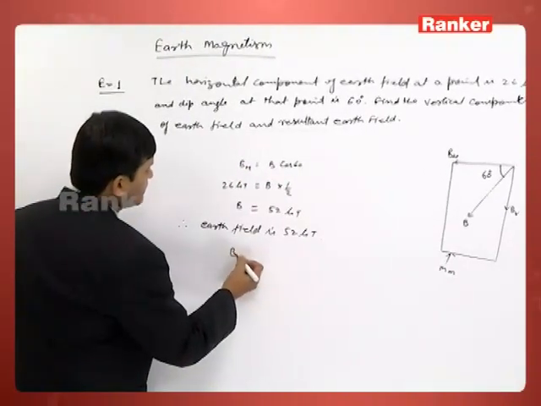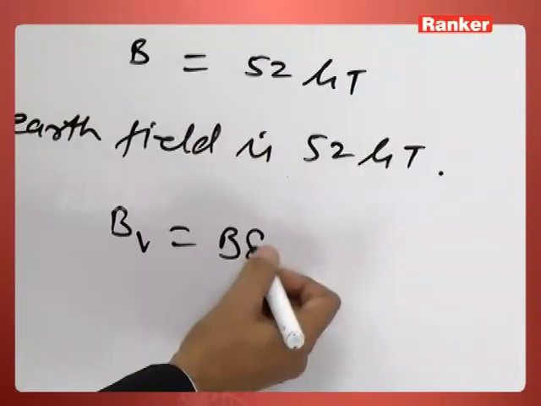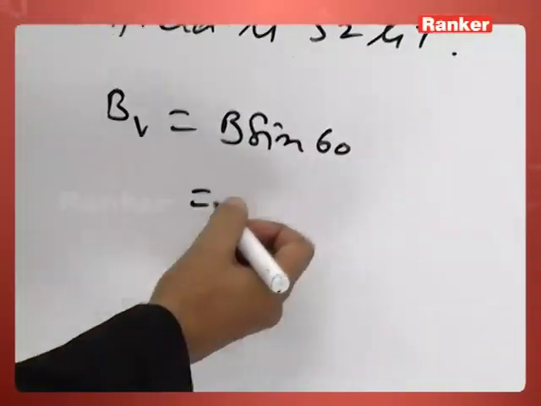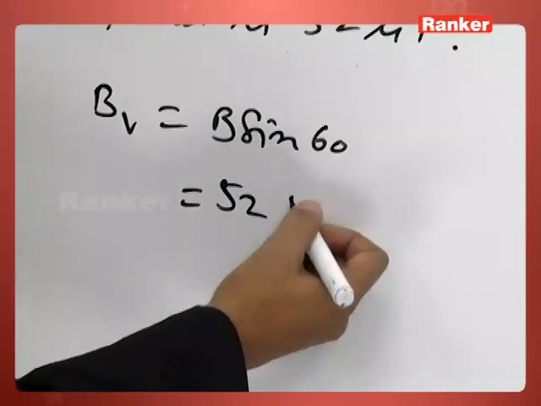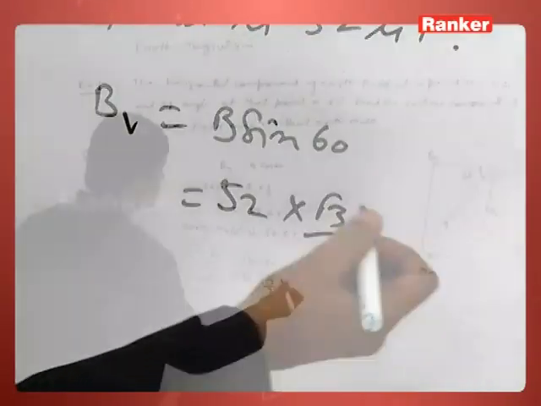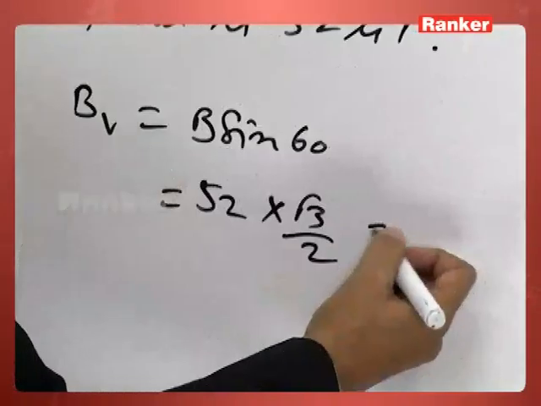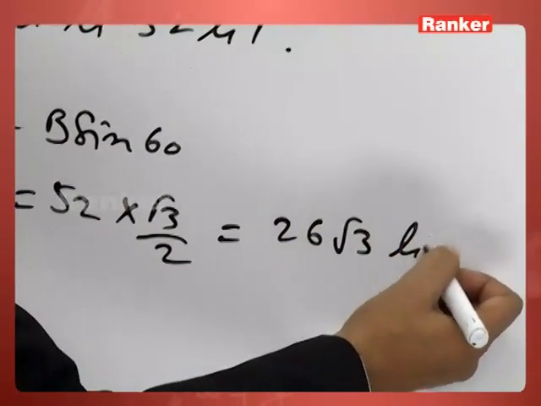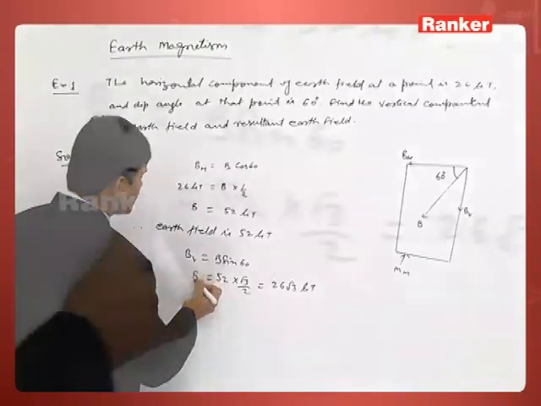Now the vertical component of earth field BV. So BV from here is B sin 60. B we have already found, 52, and sin 60 is root 3 by 2. So this becomes 26 root 3 microtesla.